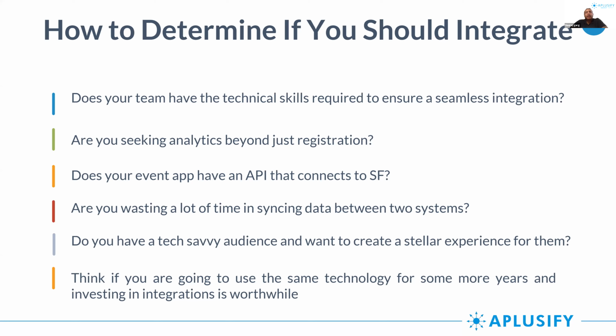So you should make sure you are planning to use the same AMS and the same event app for the next 2 to 3 years at least, so that you can get a return on the technology investment you have made. I think these are some of the key points that would help you understand whether your system needs an integration or not.